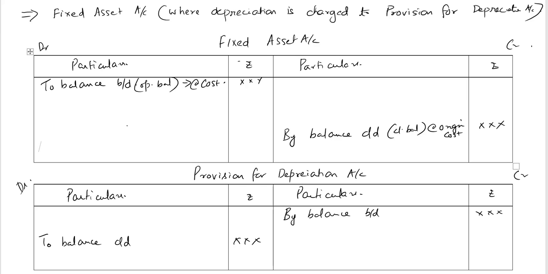The current year's depreciation by depreciation account, since the depreciation is charged to the provision for depreciation account. Now, where there is a sale of fixed asset, it comes as by bank account.